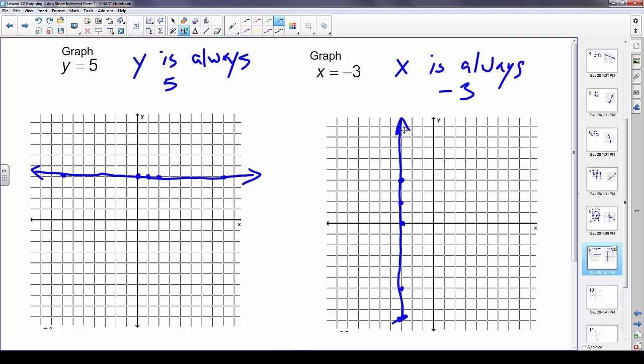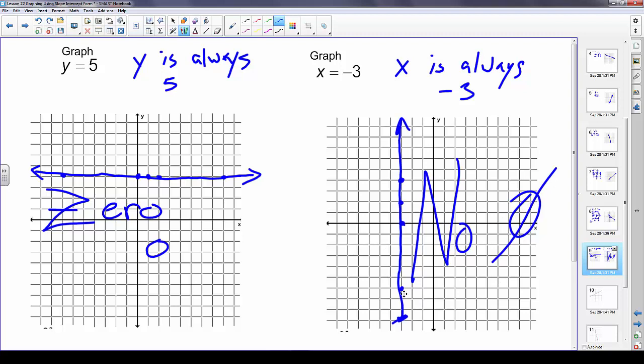Now, we've talked about slopes before. This is said to have a 0 slope. And again, we remember that because the z in 0 has a horizontal line going through it. And this is said to have no slope. In other words, it's undefined. And we can tell that by the line in the end goes vertically up and down.